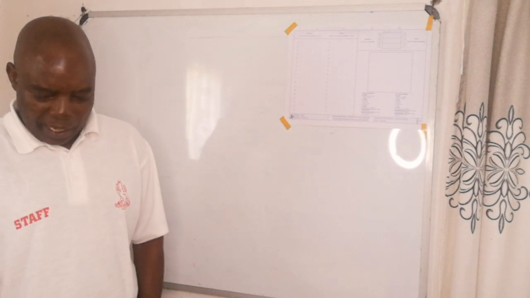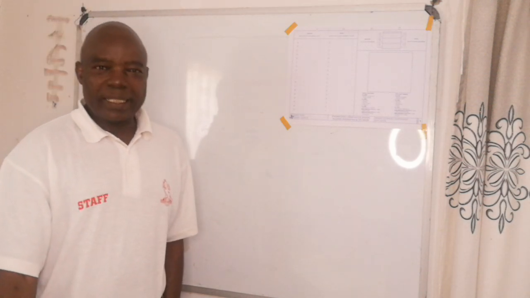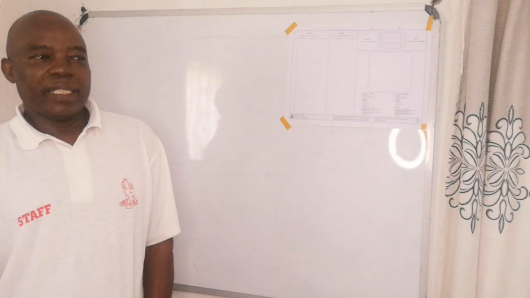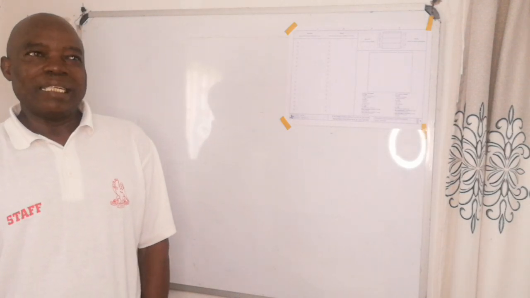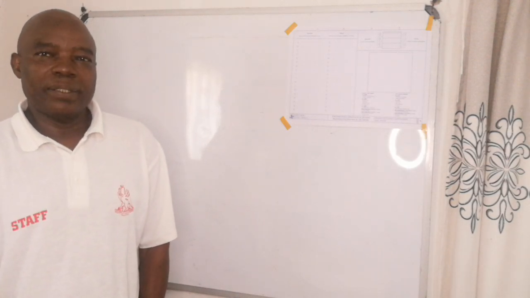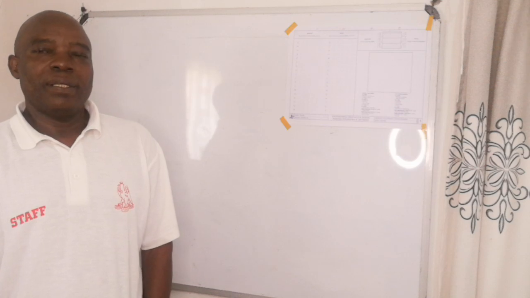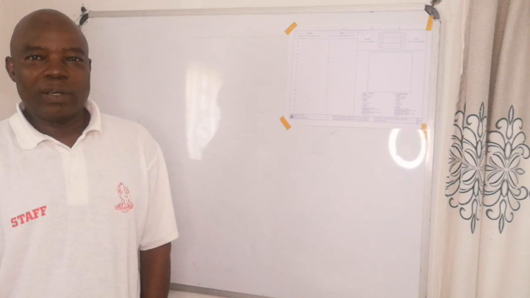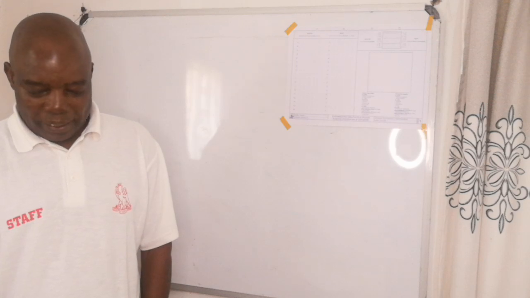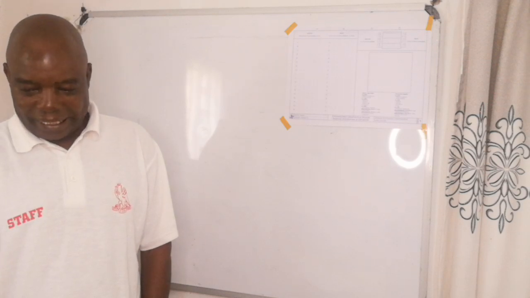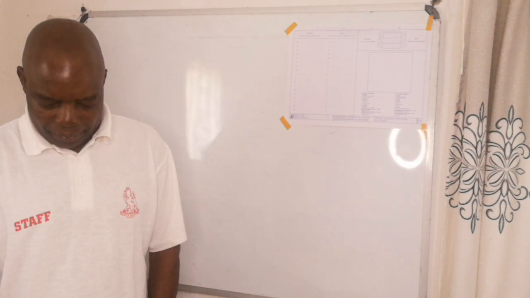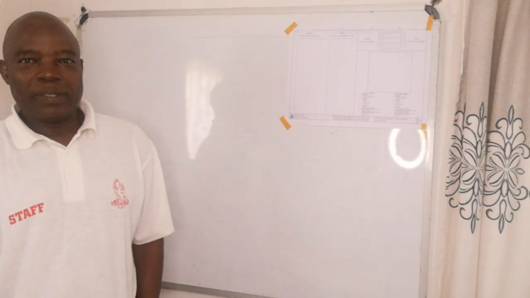Refer to how to present your work, and also in presentation of work we are looking at printing, we are looking at line quality and neatness, all those things. So right now I'm going to start with drawing techniques, which is printing and also line types and numbering.